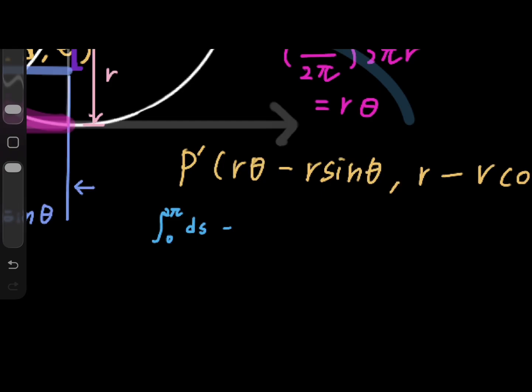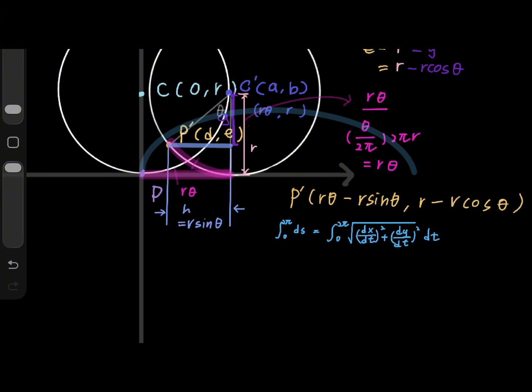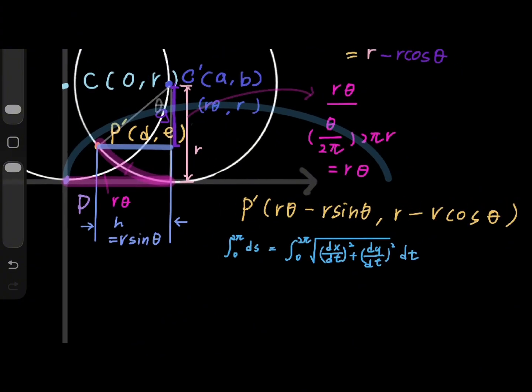Remember, our length equation ds is equal to the square root of (dx over dt) square plus (dy over dt) square with respect to t, which here we don't have t, it is theta. Yeah, the same. Just plug it in.